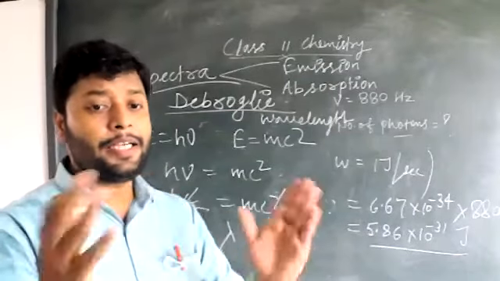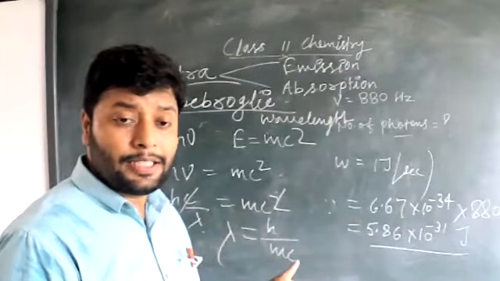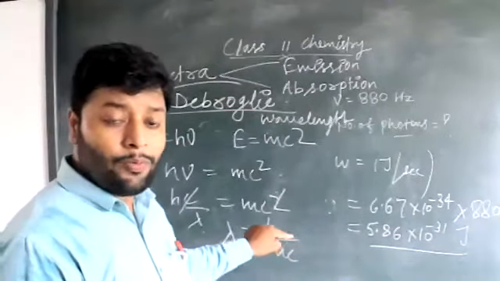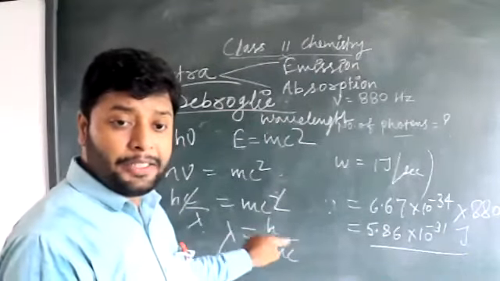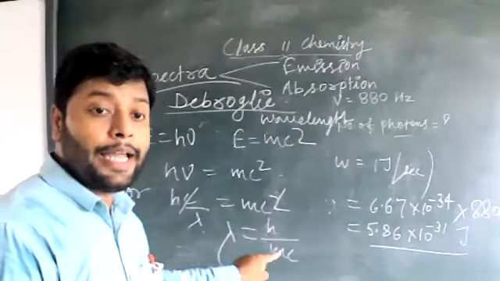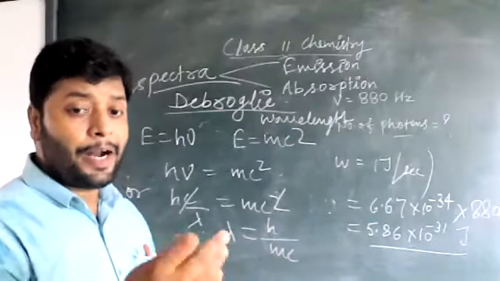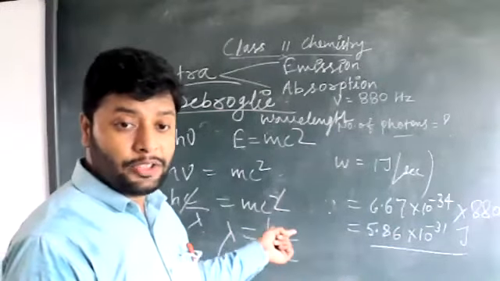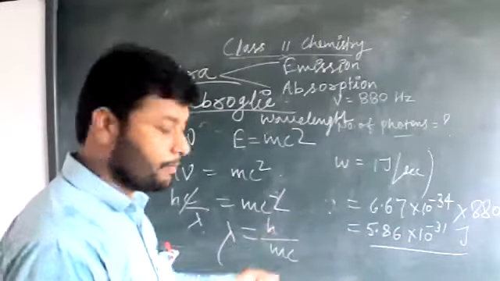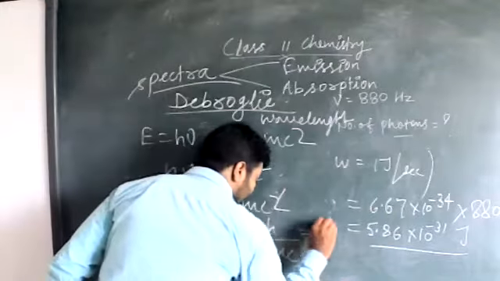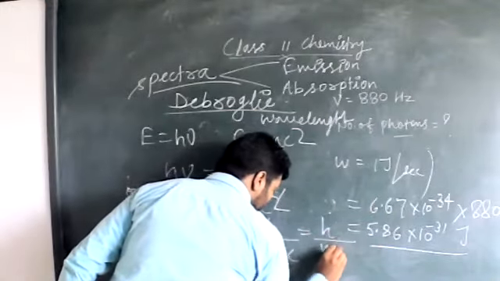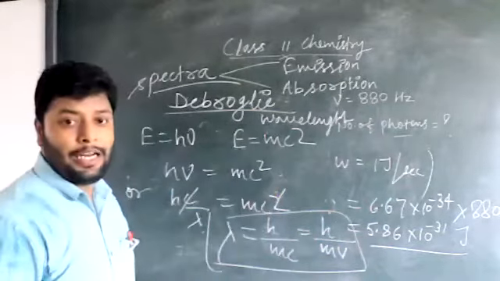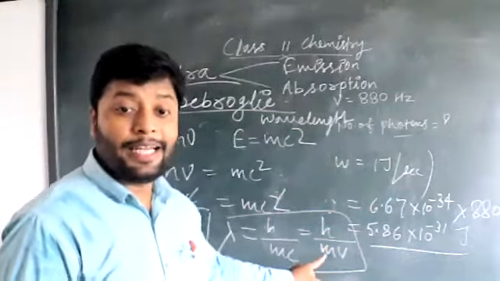For any other particle, c can be written as the velocity of the particle, because c specifically represents the velocity of light only. For any other particle, c can be substituted by the velocity v. So lambda will be h upon mv.